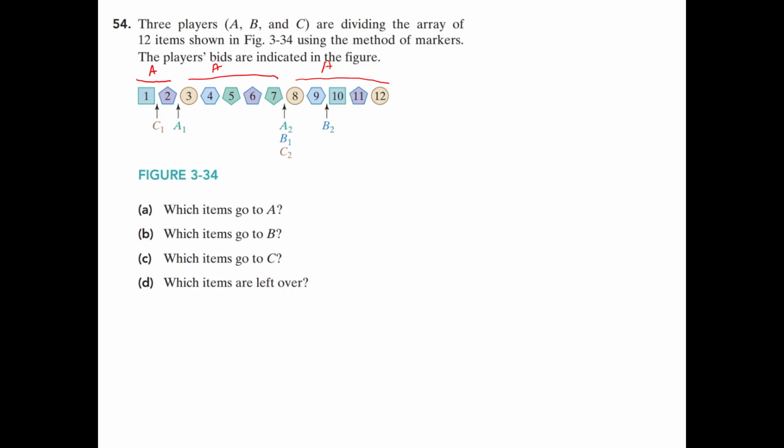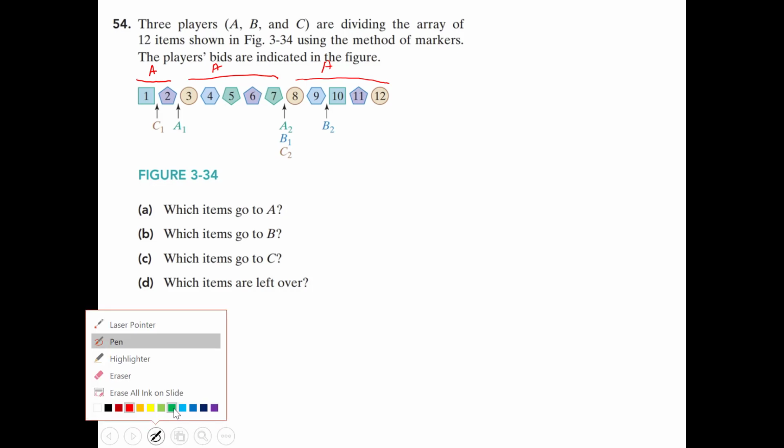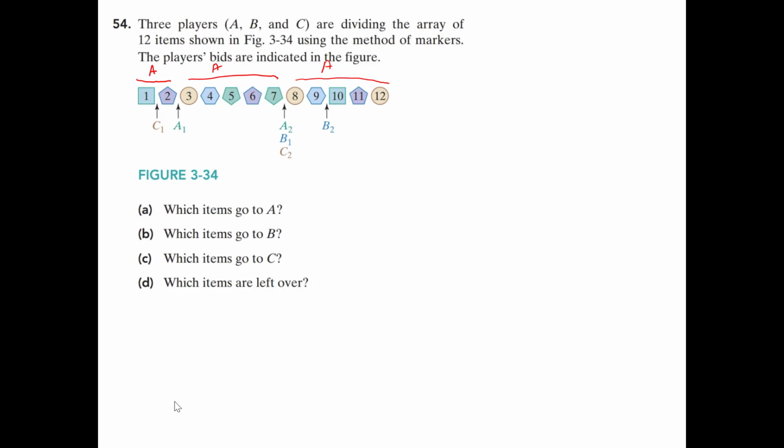Player B thinks that he would take 1 through 7, and then 8 and 9, and then 10, 11, and 12. So either one of these three segments would make player B happy.